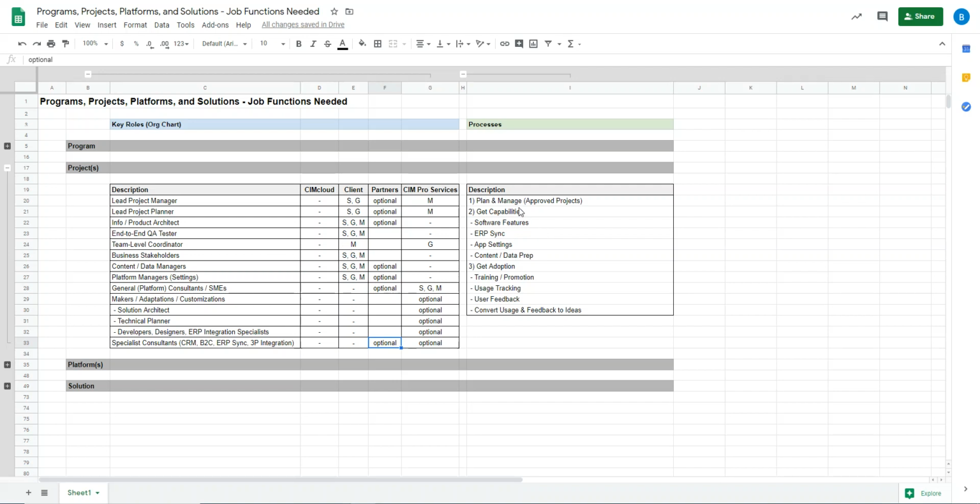If you look at the process here, there's a plan and manage the approved projects step, and then in general you're doing things to get capabilities, which is one of those axes on the XY diagram I showed you. So there are software features, ERP sync, and app settings and content data that you're loading. Then you're doing things to get adoption within the project.